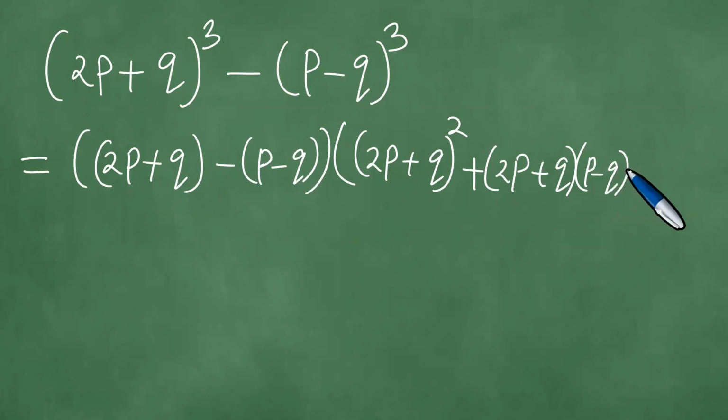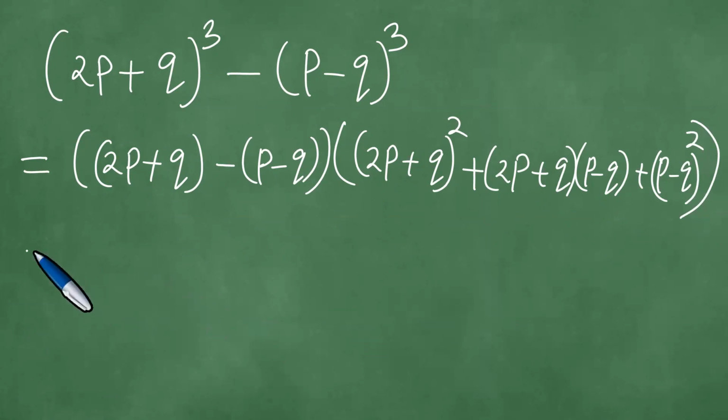We square the very last binomial, obtaining (p - q) squared. And we close that way. Right, we further analyze these in detail.